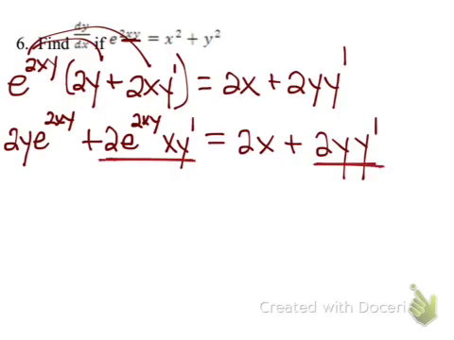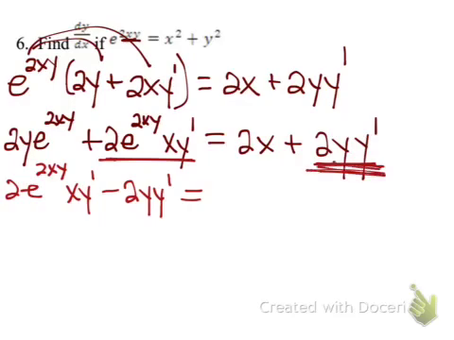So again, I have two terms that have y prime in them, so I'm going to collect them to the left side. So I'd have 2e 2xy xy prime minus 2y y prime. Okay, so all I did was subtract that over, and it's going to equal 2x minus 2y e to the 2xy.